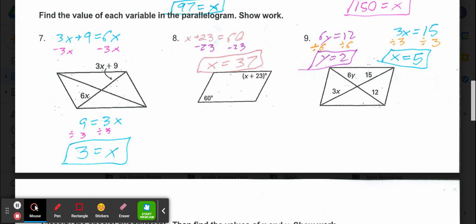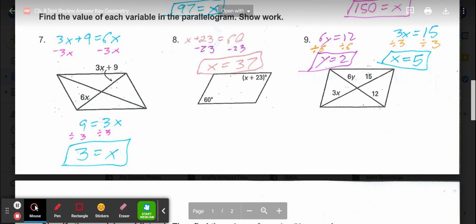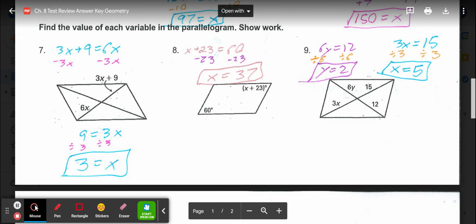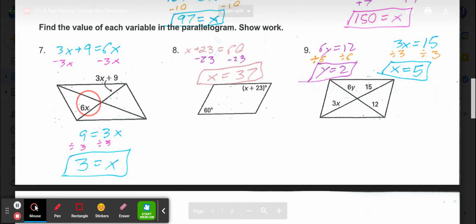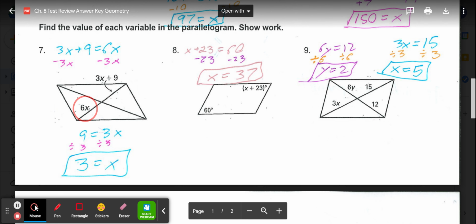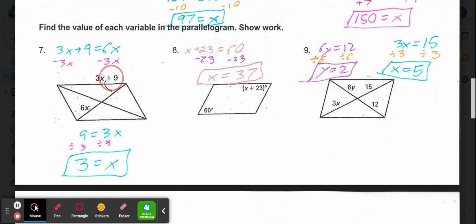Moving down to 7, 8, and 9. We know we're dealing with parallelograms, so they want us to find the value of each variable in the parallelogram. Show our work. So in a parallelogram, we know that diagonals bisect each other, so the 6x would equal the 3x plus 9.